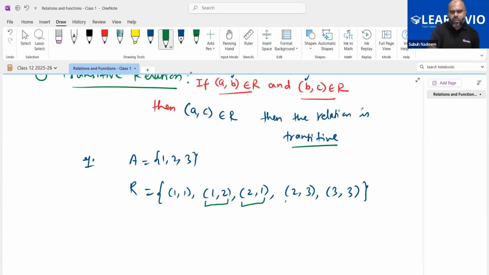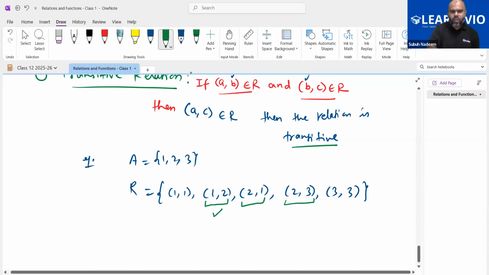Now we proceed further to (2,3). (1,2) ends with 2 and here it starts with 2.